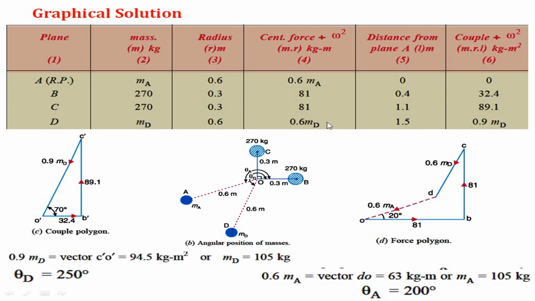So the closing side is going to be 0.6 MA. Once again we are going to use a proper scale, and by using the scale we are going to get the value of MA, that is equal to 105 kg, and theta A. Theta A can be determined by drawing a parallel line to this vector, which is going to represent the angular position of mass MA, which is going to be 200 degrees.